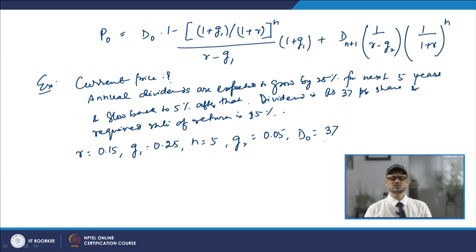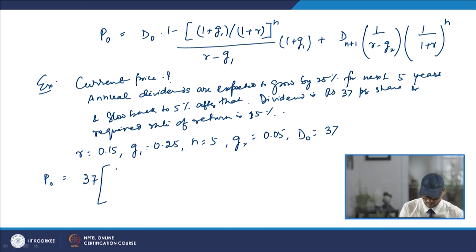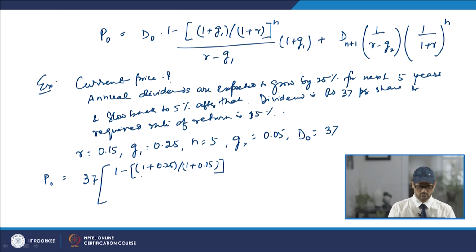With this formula you can find P naught. It will be 37, and then you will have 1 minus 1 plus G 1 by 1 plus R. So, 1 plus G 1 is 0.25, divided by 1 plus 0.15, raised to the power n, which is 5 years.